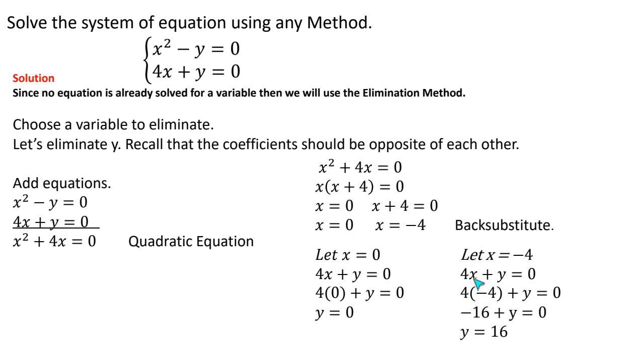Wherever I see an x, I replace it with -4. So we get -16 plus y, and adding 16, we get y equals 16. Make sure you write your solutions as ordered pairs. When x was 0, our y was 0. And when x is -4, then our y is 16.